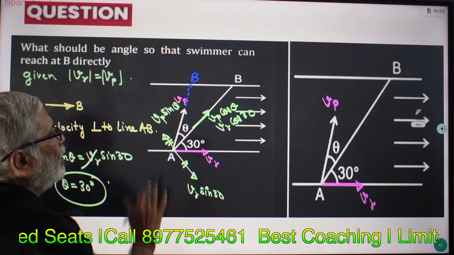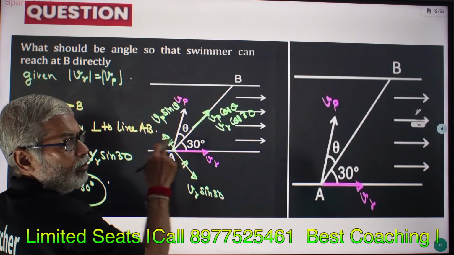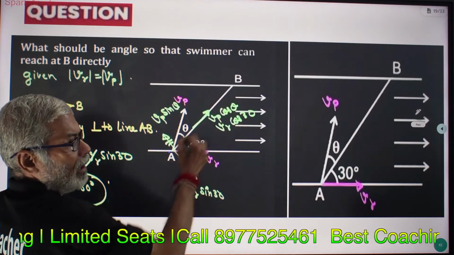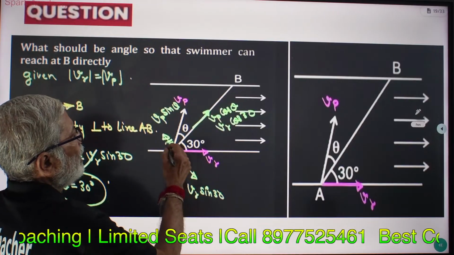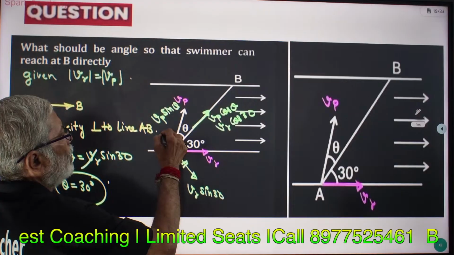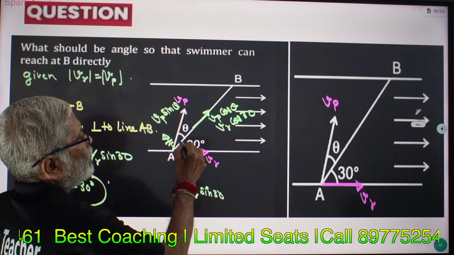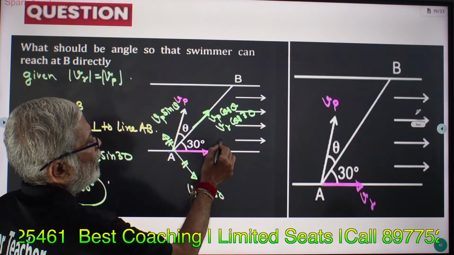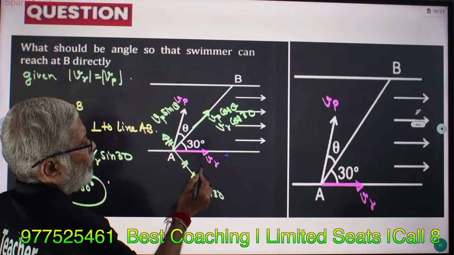So what you do is you resolve this VP into two components. One is horizontal component, another is vertical component. So along 30, this will be VP cos theta, this will be VP sin theta. Similarly, this is the velocity of river, VR.